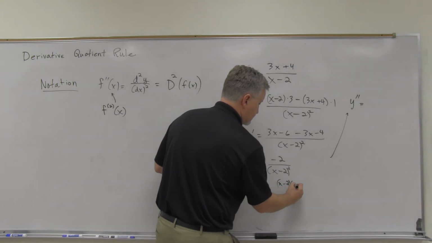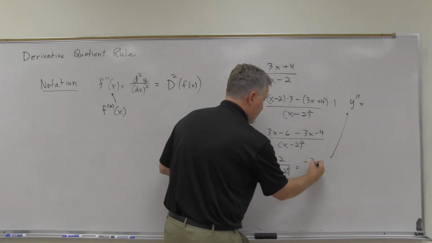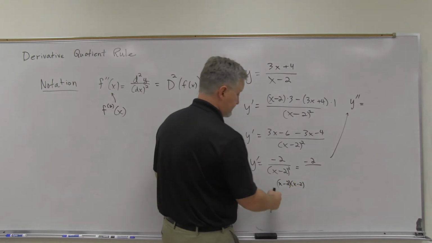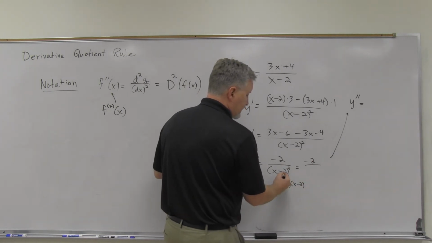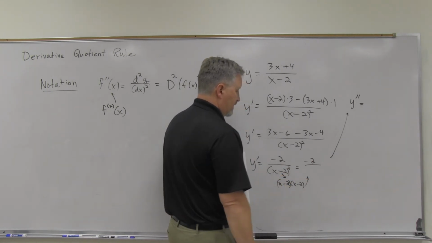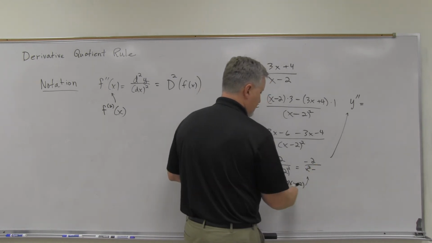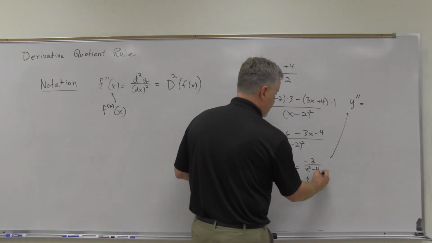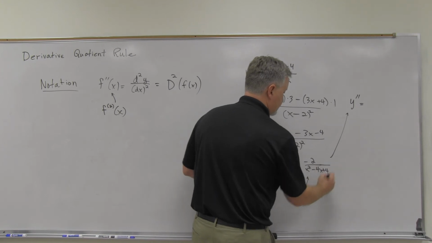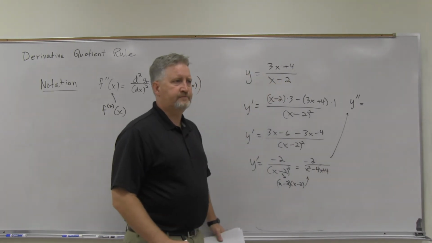So if I've got x minus 2 squared, for purposes of getting the derivative, let me go ahead and multiply that out. What was it, x squared, minus 2x would be minus 4x plus 4. Yeah. So that's how I would treat that one if we come across.